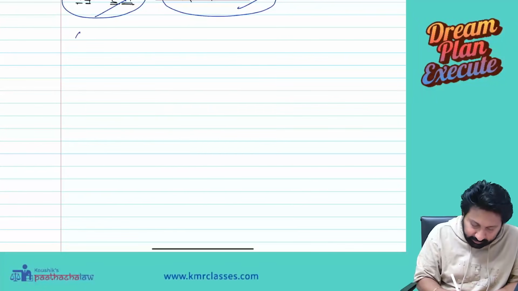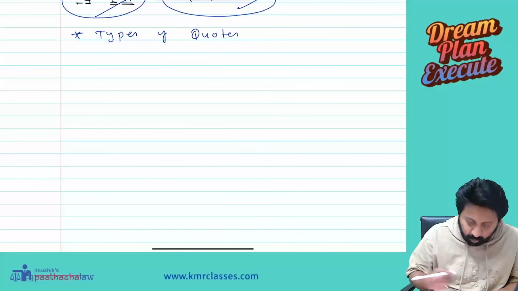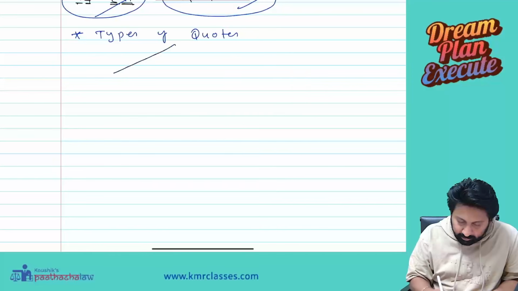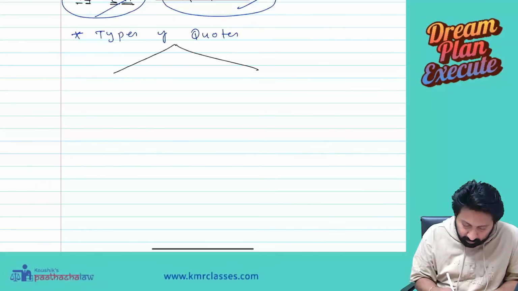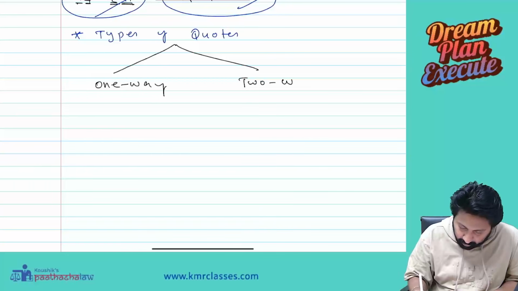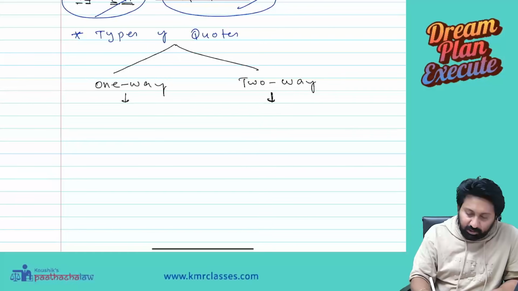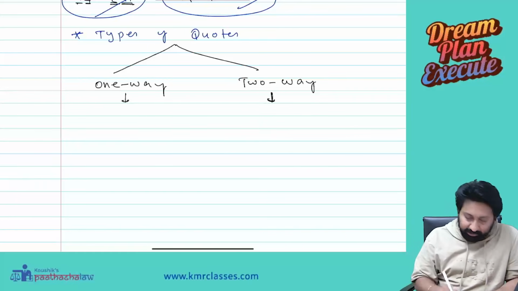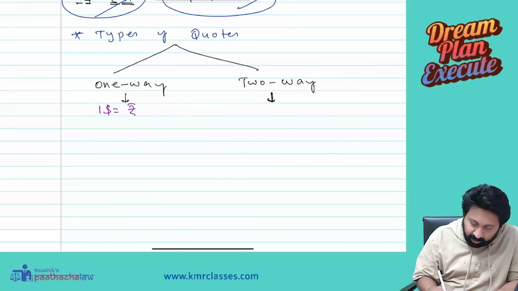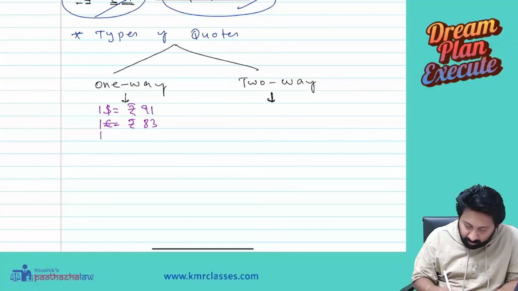Next, types of quotations. One-way quotation, two-way quotation. What is one-way quotation and two-way quotation? One-way quotation means $1 equal to rupees 91, €1 equal to rupees 83, 1 pound equal to rupees 110.